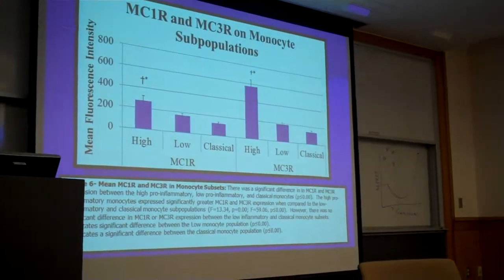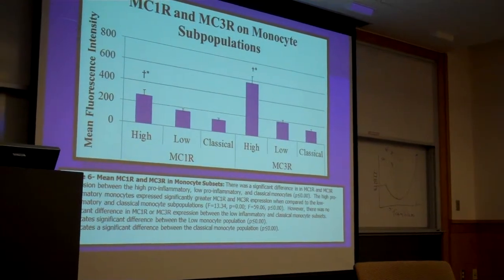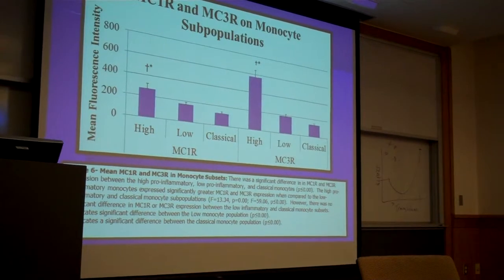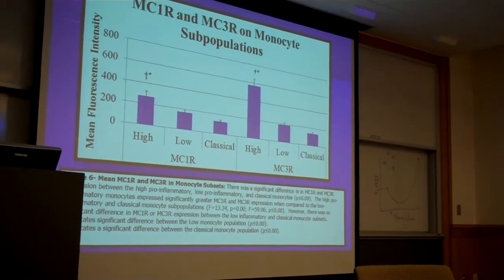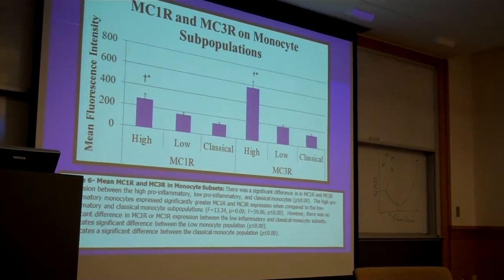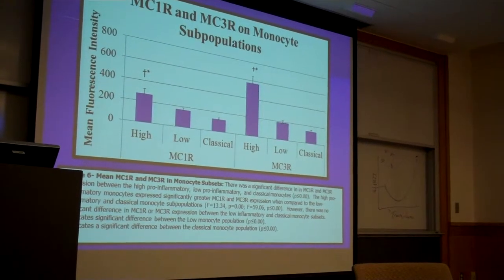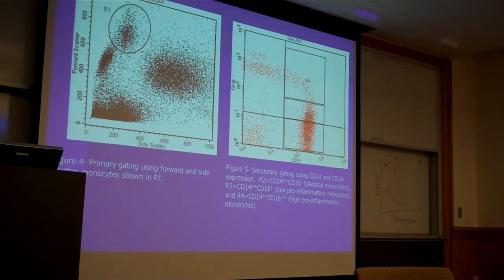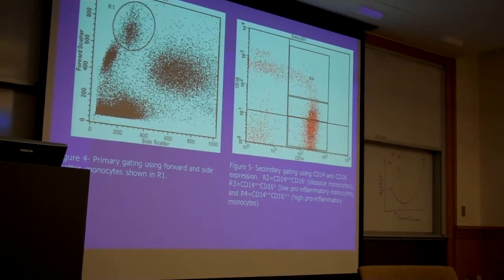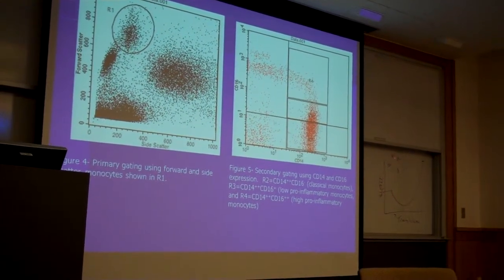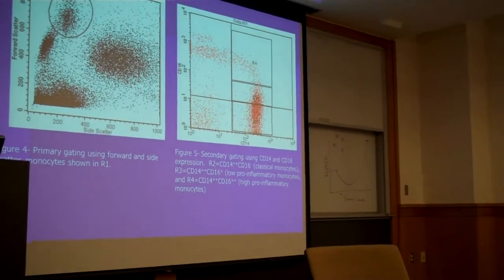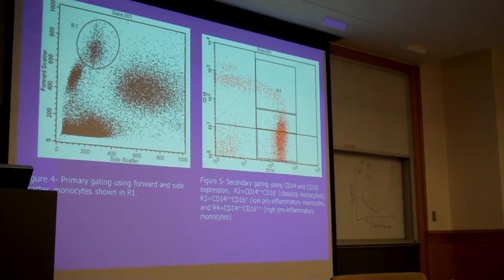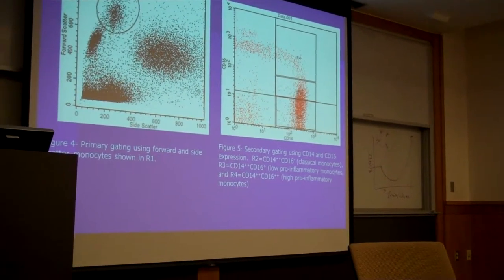So here's some summary. Without taking into consideration groups, we looked at the difference between the high, the low, and the classical monocytes in regard to MC1 and MC3 expression. This is shown in mean fluorescence intensity, and what that means is that the cell surface markers are tagged in flow cytometry with a fluorescent marker. You stick an antibody with a fluorescent marker on there.